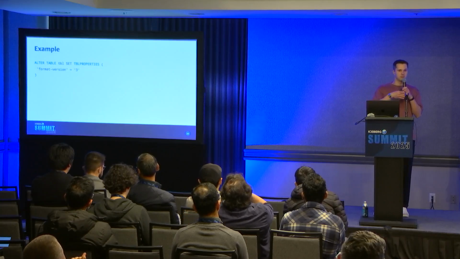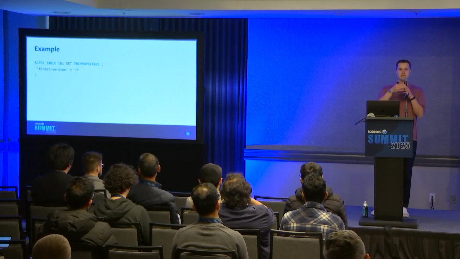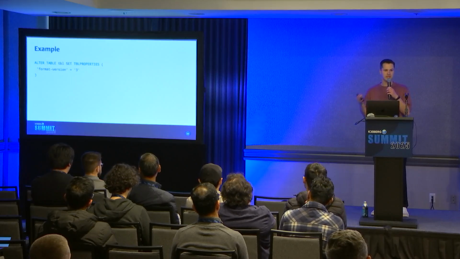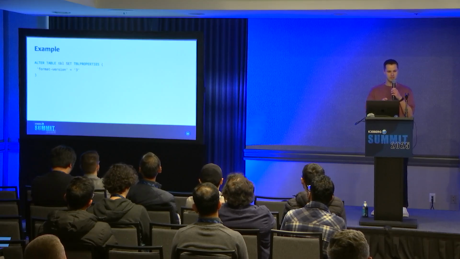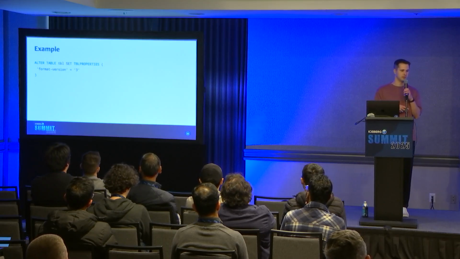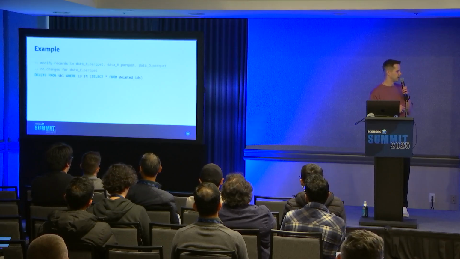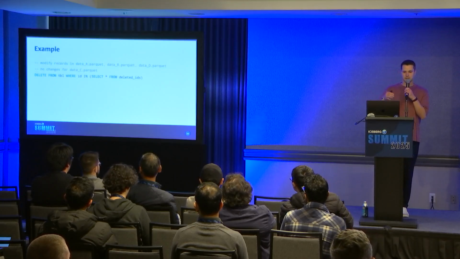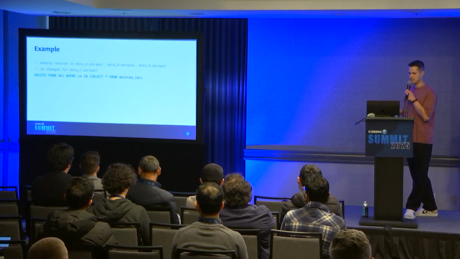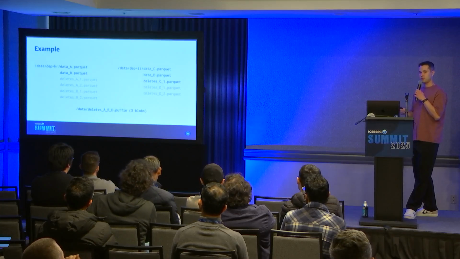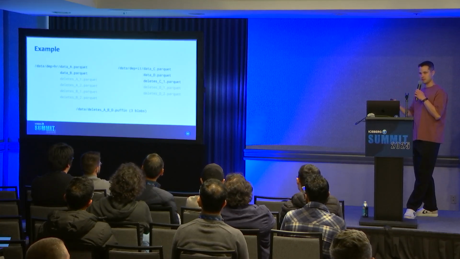You can just bump the version, and the next time a write happens, this is where the conversion would happen. So in this case, we're upgrading this table to V3, and then the next delete statement that also modifies records for data A, B, and D would have to produce DVs.